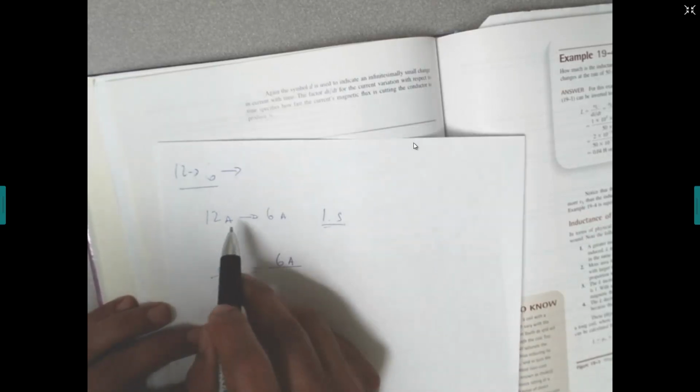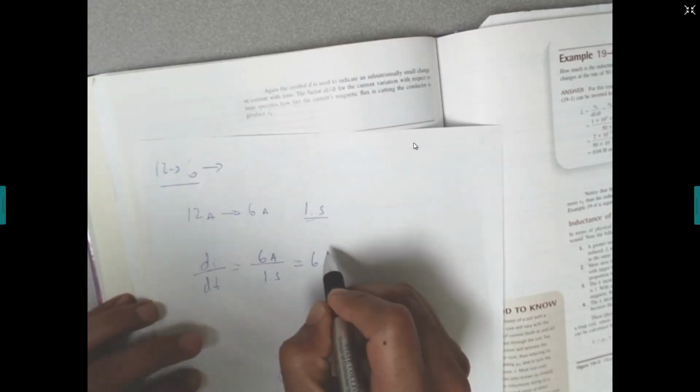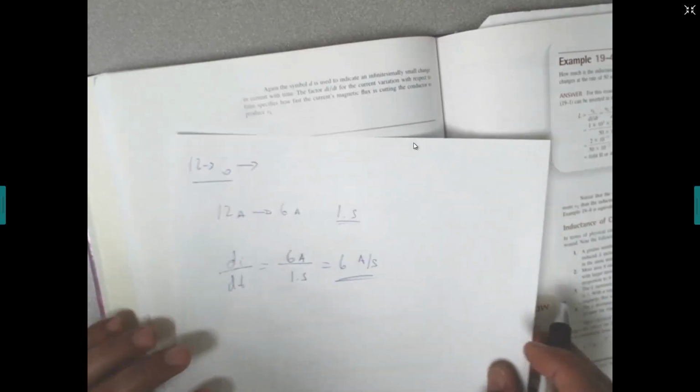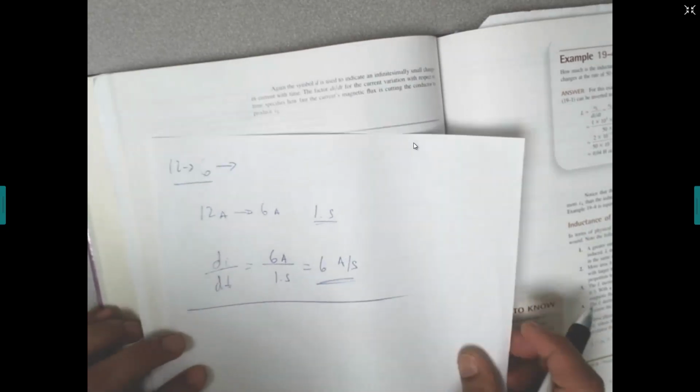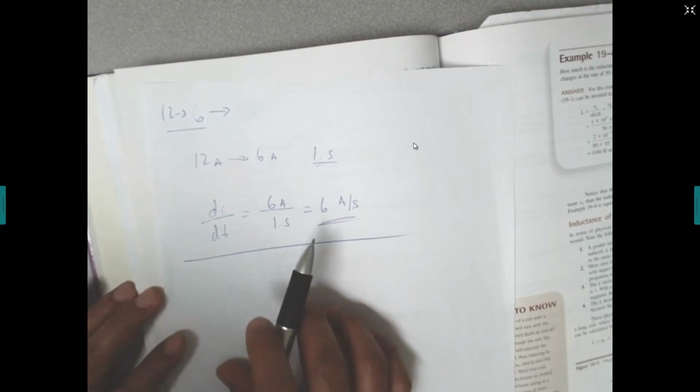If it goes from 12 to 6, the difference will be 6 amps, right? Because 12 minus 6 is 6 amps, and the time is 1 second. So this one will be 6 amps per second. That would be the answer on this problem.